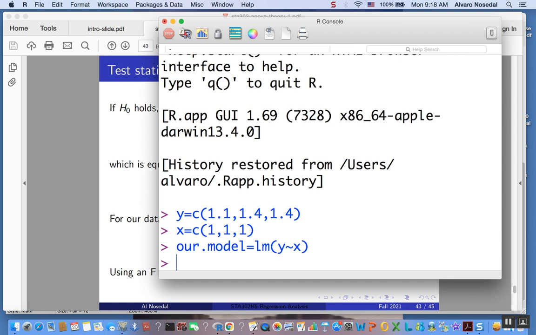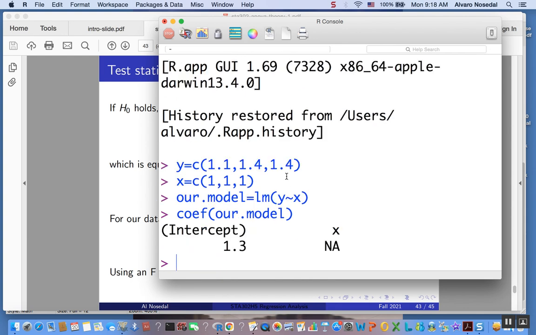now let's find the coefficients for this model. We know that the estimate of beta 0 is going to be 1.3. So note that R knows that you're estimating just an intercept, a linear model with only an intercept, no slope. So that looks odd, right?